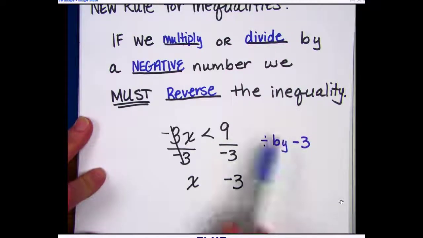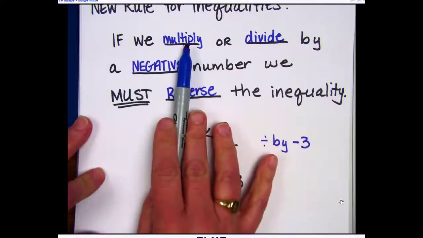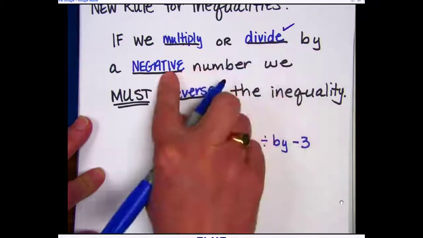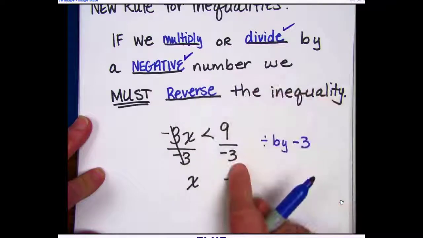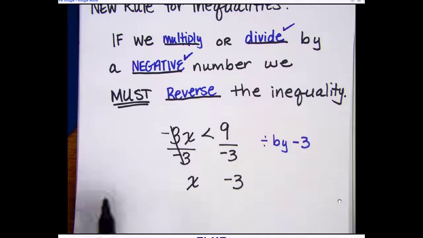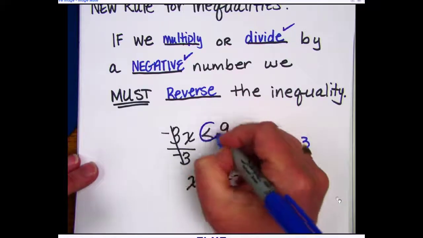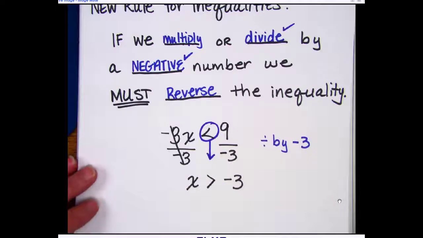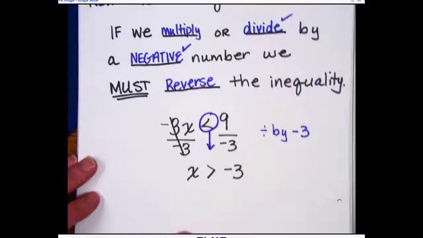It meets our rule. We did divide by a negative number. It was a negative 3. So we must reverse the inequality. And reverse means that we take our inequality and switch it around. So my solution is going to be x greater than negative 3.